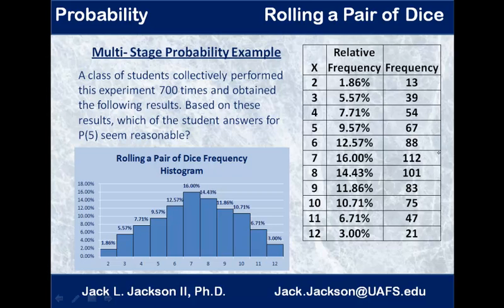So based on this, which one of the results seem reasonable? Well, let's find 5.957%, this bar right here. I actually noticed something interesting about this. They weren't all the same. In fact, we noticed it was pretty rare to get either a 2 or a 12, but a 7, for example, was very common. It happened about 16% of the time here.